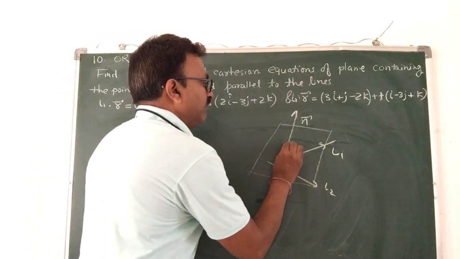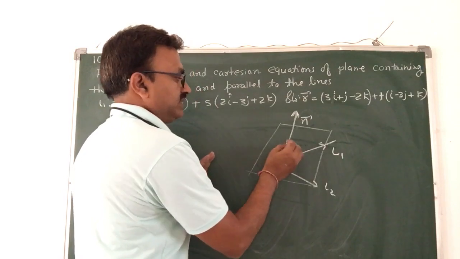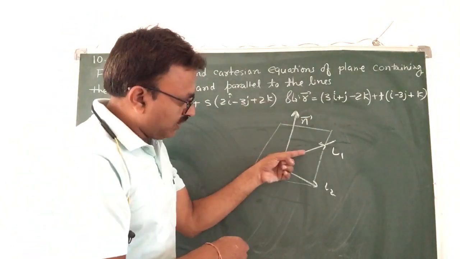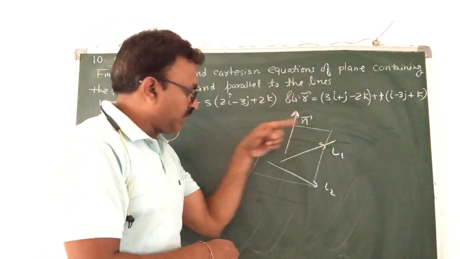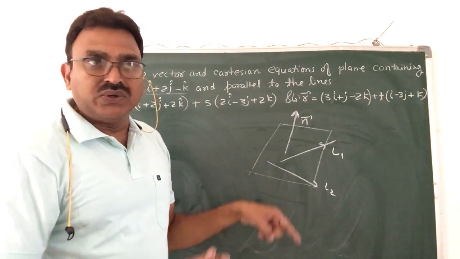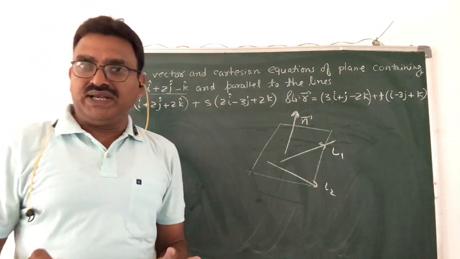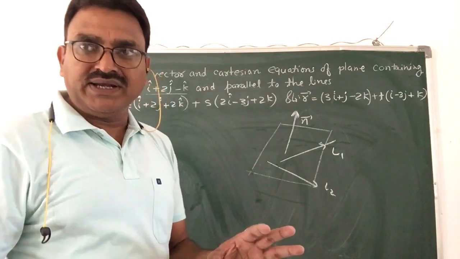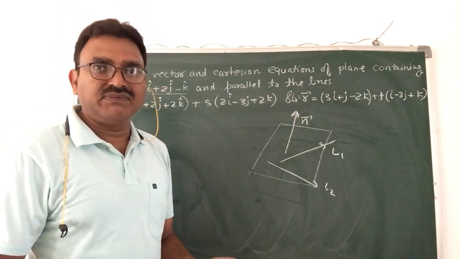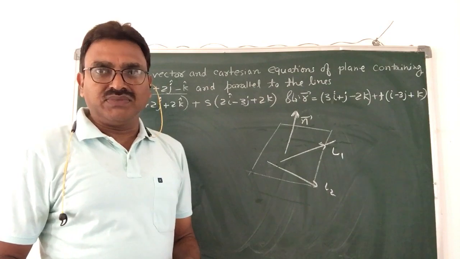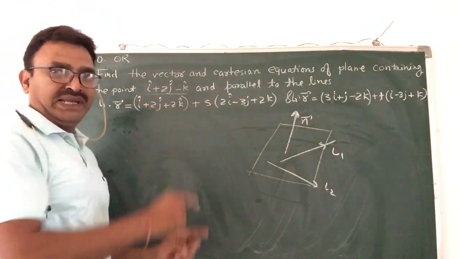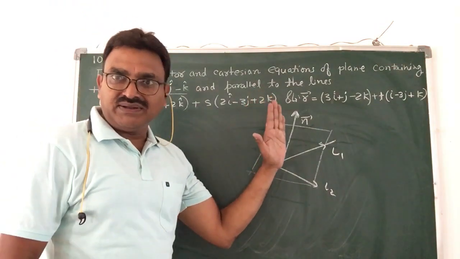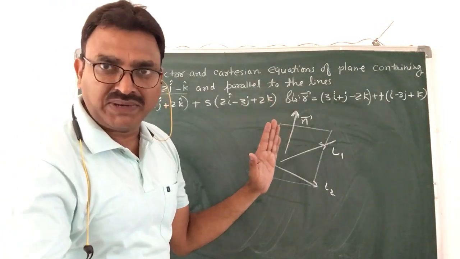Definitely the normal vector, which is always perpendicular to the plane, is also perpendicular to line 1 and line 2. So we only have to find the normal vector of the plane, and then the equation of the plane can be solved, because one point of the plane is already given.